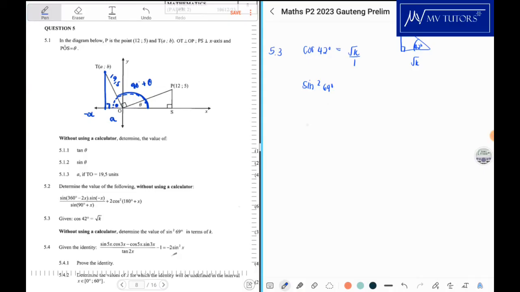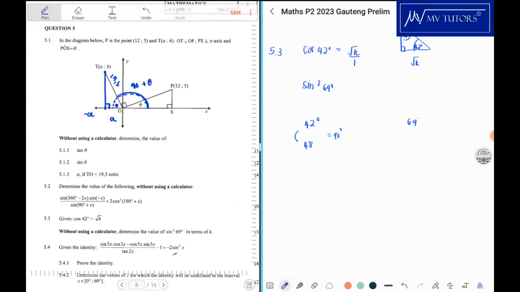Alright, how can I relate 42 and 69? If I get the co-ratio of 42, it would be 48, meaning what would I add in order to get 90? So that's 48, but that doesn't help me.